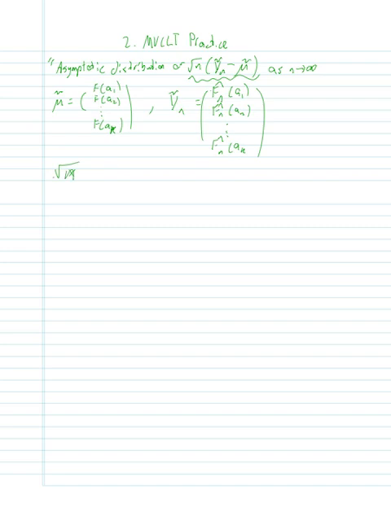We have that square root of n times X minus mu converges in distribution to multivariate normal with the zero vector as the mean vector and the covariance matrix as the covariance matrix. So we have the square root of n, check.